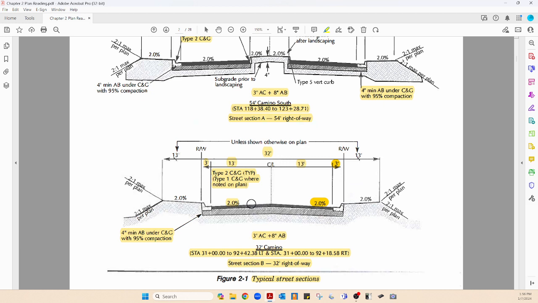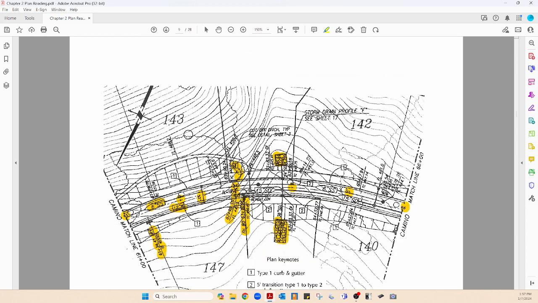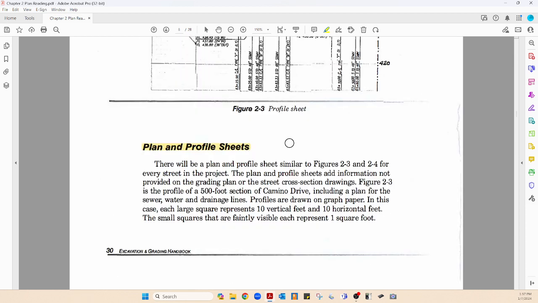And if we compared stations, I suspect maybe not. We're definitely not going to coincide with these typical sections. So anyway, as you can see, we're following Camino Road. Let me get back to where we were. We are on Camino Road.